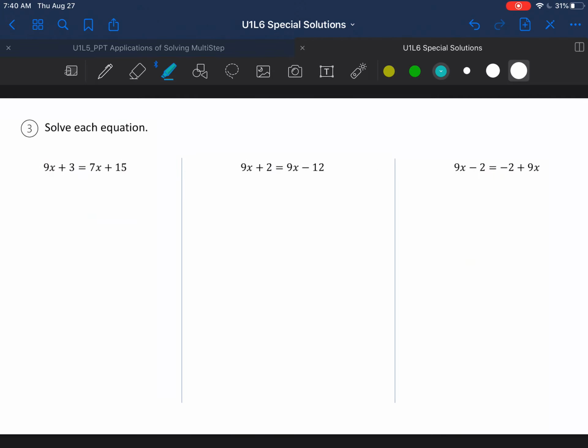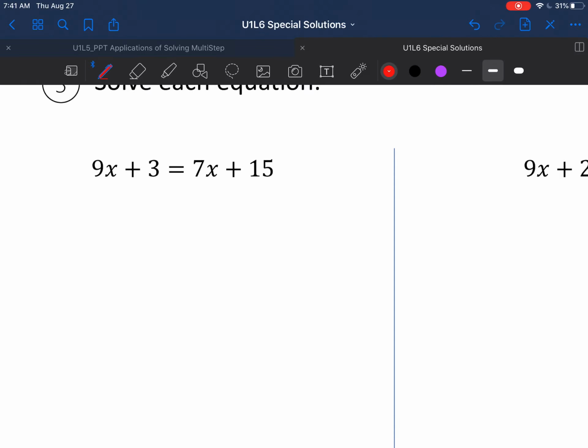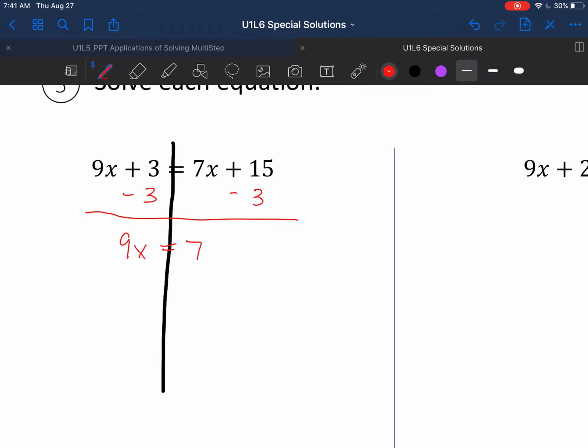So let's move forward. Let's solve each equation and see how each of these line up. In the first one, notice that the coefficients are different and the constants are different. So let's see what's going to happen when they're both different. If I go ahead and draw the river, let's solve. My first step would be I want to have all the constants on the same side. So I'm going to take away 3 on both sides, and I'm left with 9x equals 7x plus 12.